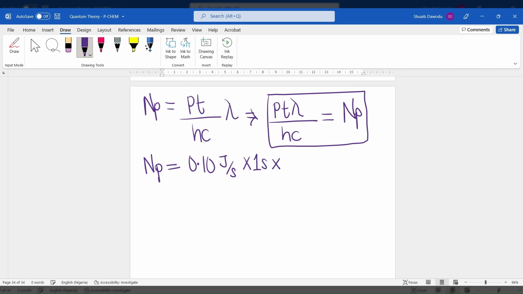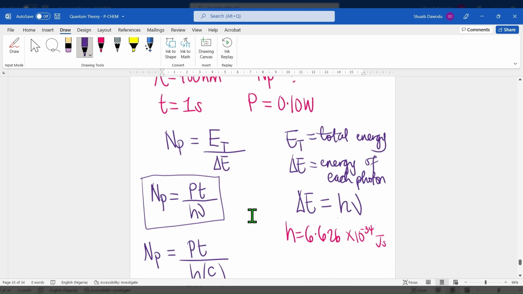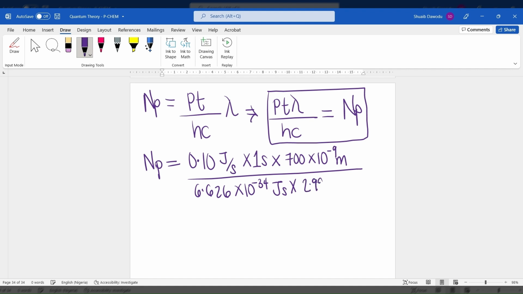times lambda, which is simply 700 times 10 raised to the power of negative 9 meters, divided by H, which is 6.626 times 10 raised to the power of negative 34 joule seconds, times C, which is 2.998 times 10 raised to the power of 8 meters per second.